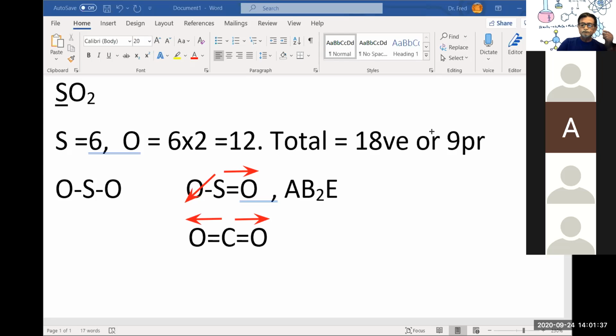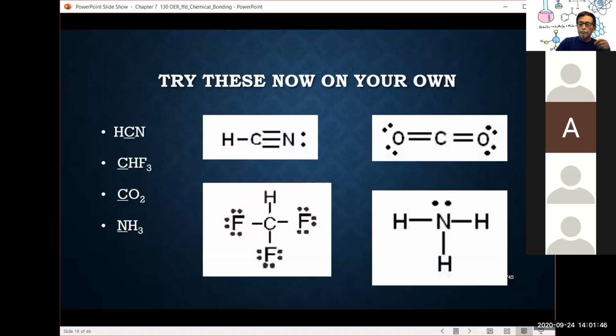All right, so where were we? All right. Now, one thing to note with respect to polarity, anytime you have a lone pair on the central atom, you will always have a polar compound, no matter what. Again, why?